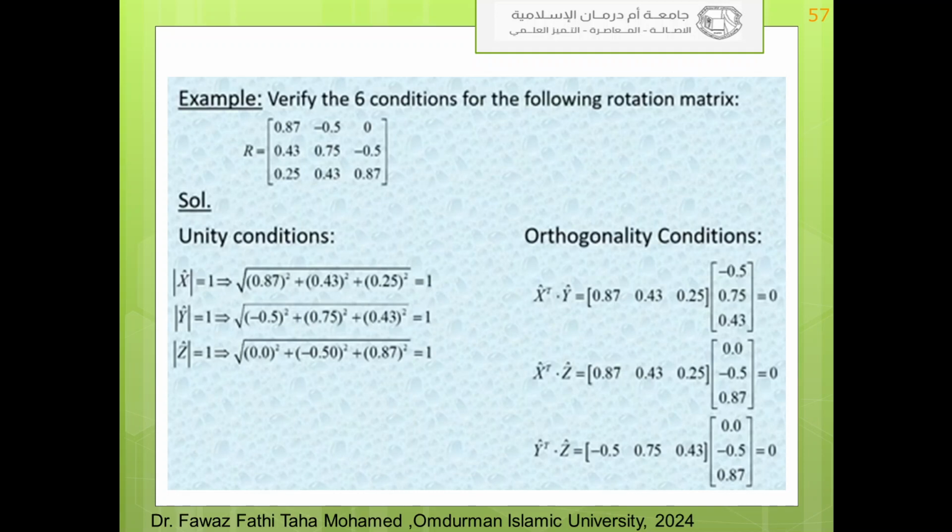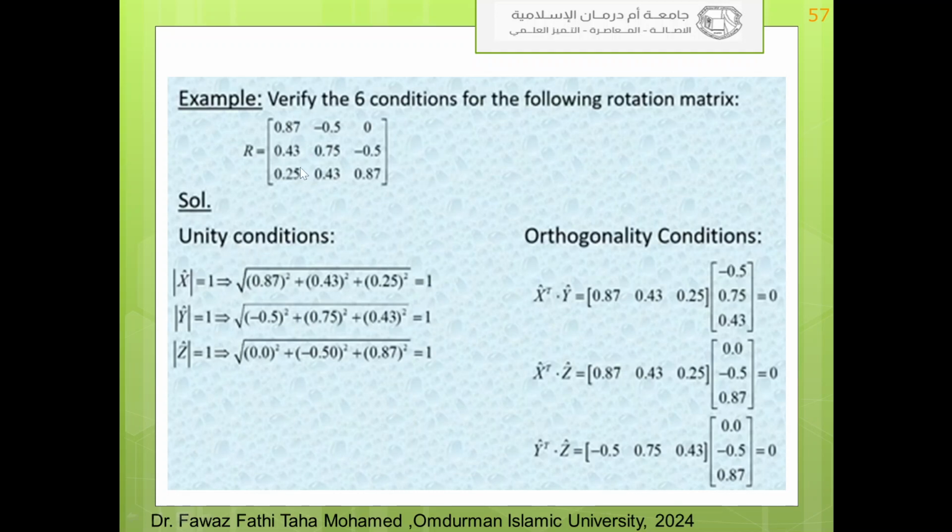Let us start with how to verify the 6 conditions for unity or unitary conditions.